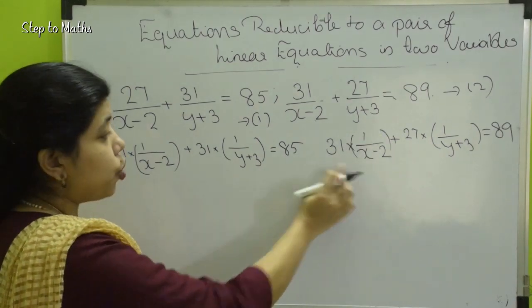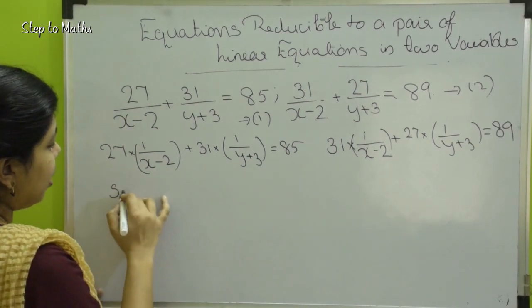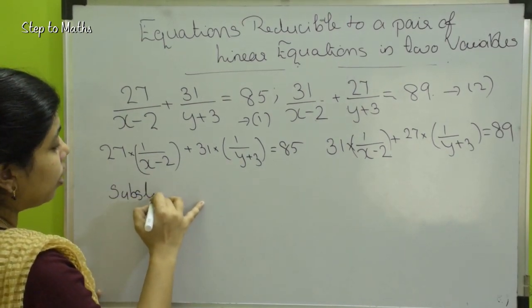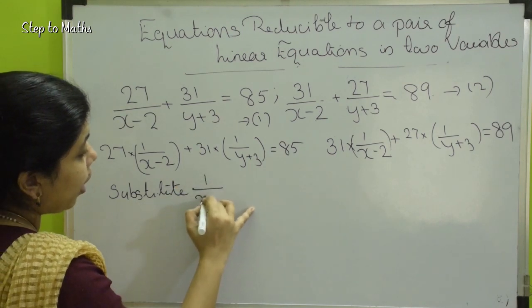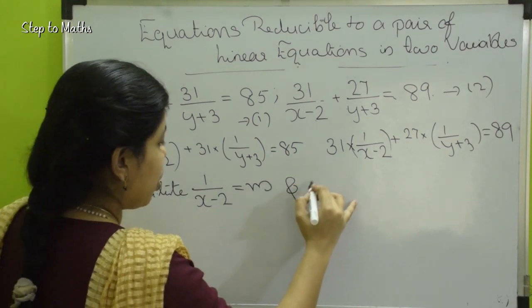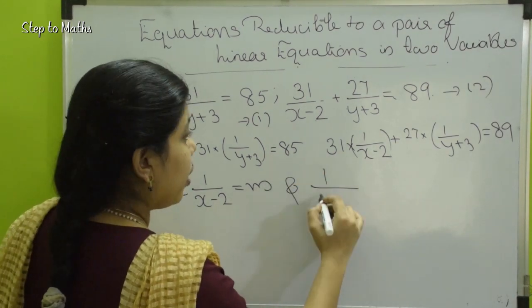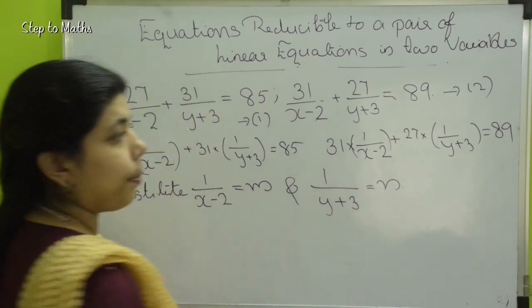Now, we make the substitution: 1 upon x minus 2 is equal to m and 1 upon y plus 3 is equal to n.